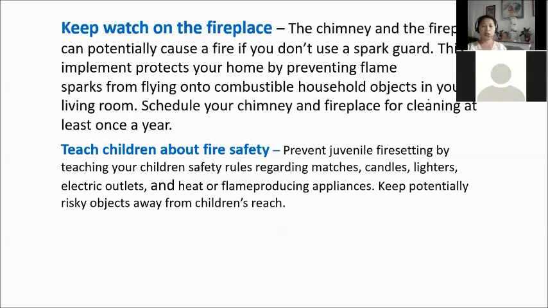So kailangan ninyong i-orient sila. Kayo ang mag-orient kasi meron kayong DRRR. So prevent juvenile fire setting by teaching your children safety rules regarding matches, candles, lighters, electric outlets, and heat or flame-producing appliances. And keep potentially risky objects away from children's reach.